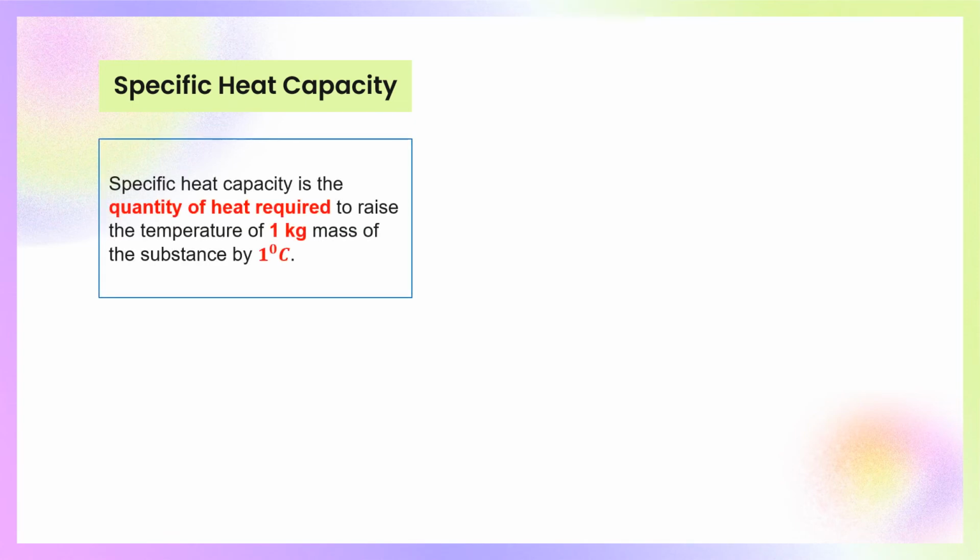Let's look at the definition of specific heat capacity. Specific heat capacity is the quantity of heat required to raise the temperature of 1 kg mass of a substance by 1 degree Celsius. The keywords I have highlighted here are the quantity of heat required, the mass, which is 1 kg, and the temperature, which is 1 degree Celsius.